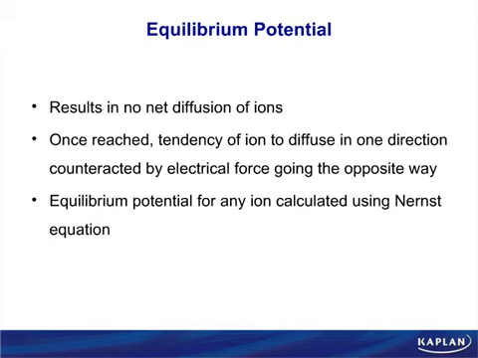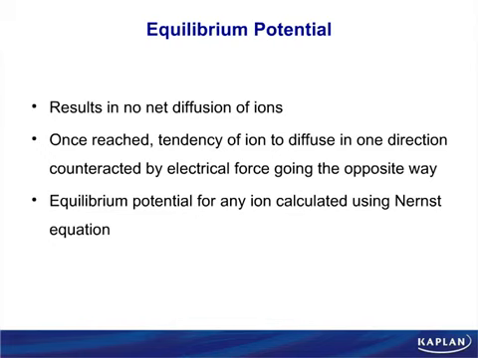Equilibrium potential is that membrane potential that results in no net diffusion. Once a cell gets to the equilibrium potential for an ion, that tendency of the ion to diffuse in one direction, say down its chemical gradient, is counteracted by the electrical force going in the opposite direction.